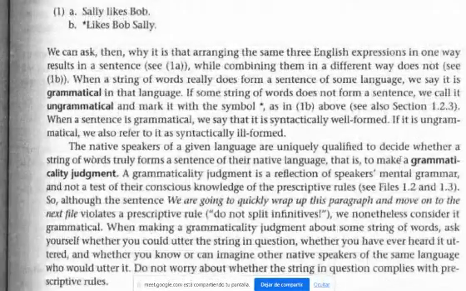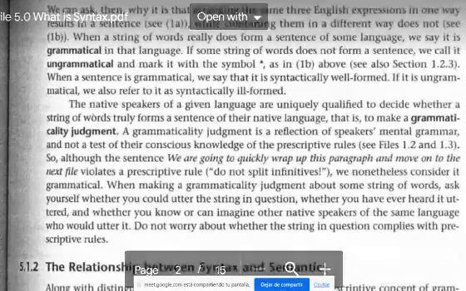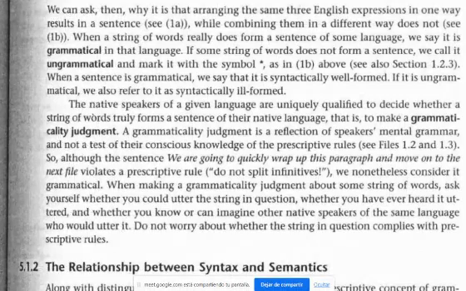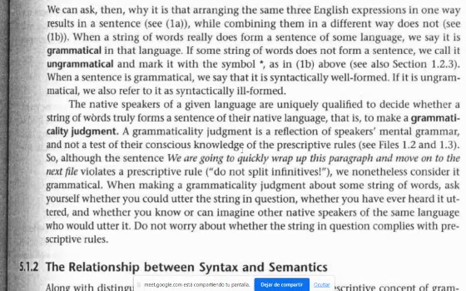So maybe I don't know something, and I don't speak Spanish very well. You are the expert in Spanish, so I'm going to ask you, hey, do you think this sentence is correct? That is a grammaticality judgment. It's a reflection of the speaker's mental grammar, not conscious knowledge of prescriptive rules.